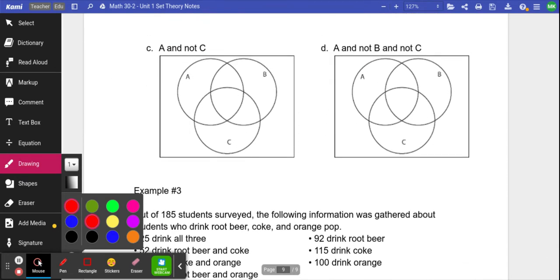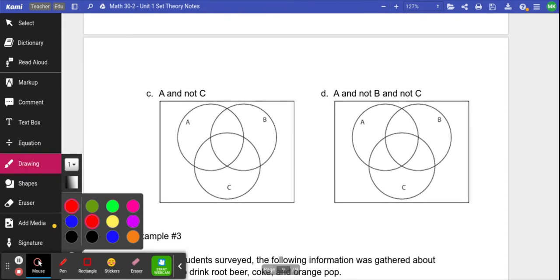Wonderful. We got 2 more to go here. Question C is A and not C. So if I was to write this in set theory notation, I want to be in A and is that symbol.